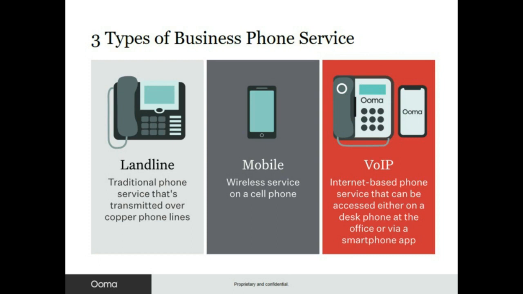But again, we just wanted to remind everybody of the three types of phone service that are available today. Landline, the traditional plain old telephone service over copper wires that dates back to grandma's black rotary phone. Mobile, which is over cellular networks, and then VoIP, which is over the internet.